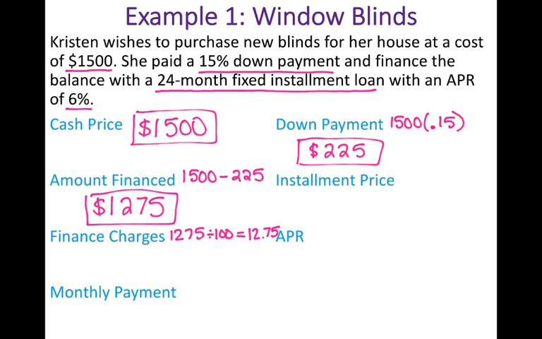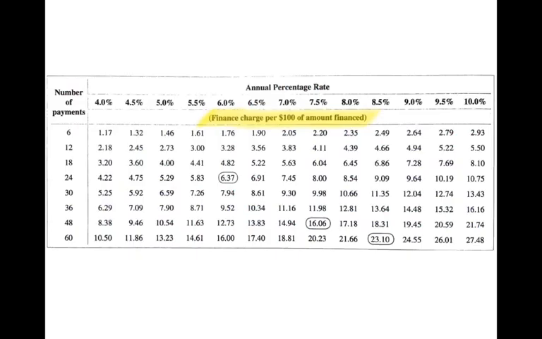So the other thing I'm going to look at is the fact that I have a 24-month fixed installment loan with an APR of 6%. So what I'm going to do is go to my table. I'm going to look for my 24-month payment, that's this row right here, at my APR of 6%, and that's this row.